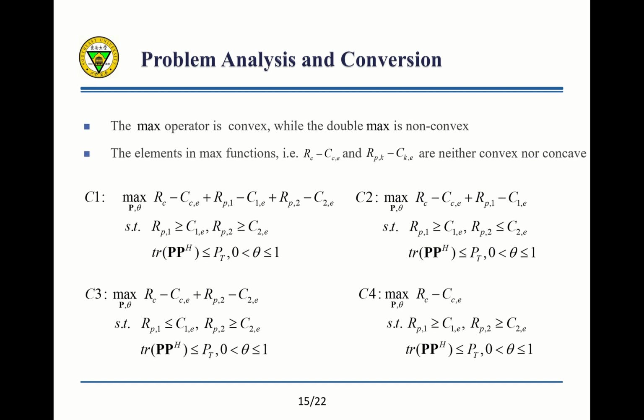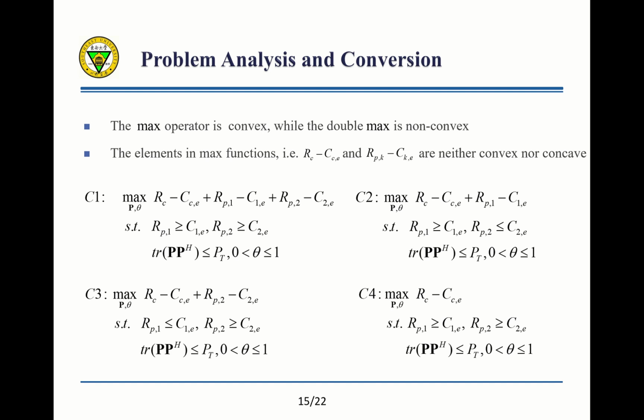Before solving the optimization problem, we first analyze its convexity. The max operator is convex, while the double max is non-convex. Furthermore, the elements in the max functions are neither convex nor concave.